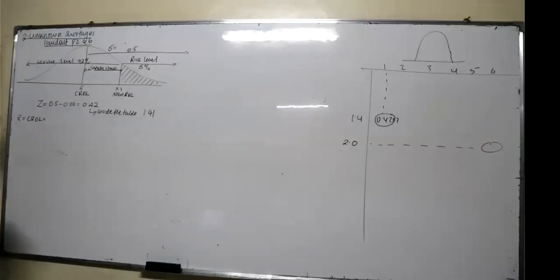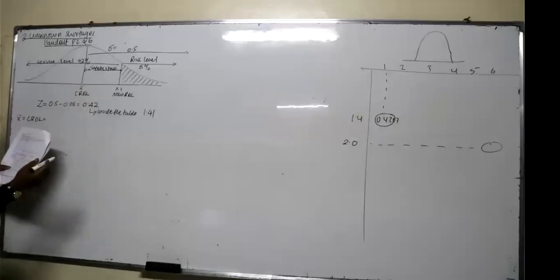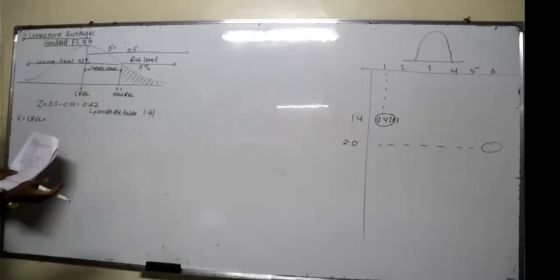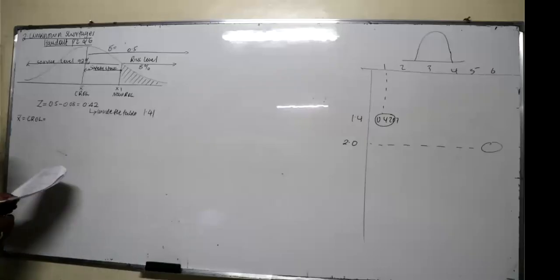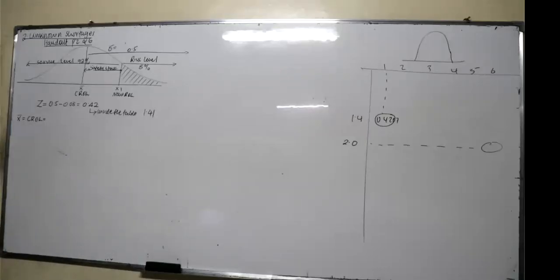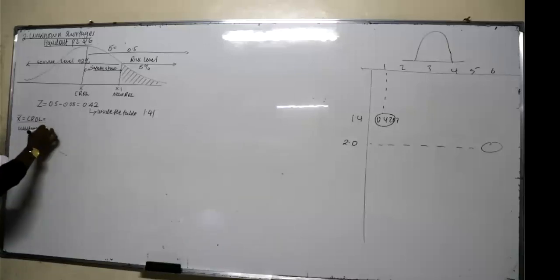How can you get that? X bar is the average. So what you can do, you can take 10 times 0.18, 15 times 0.02, like that. Okay, let me make it easier for you. We have the units, let's say X, and then we have the probability.